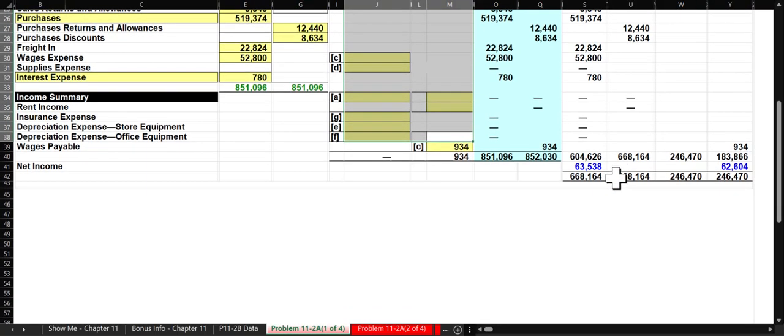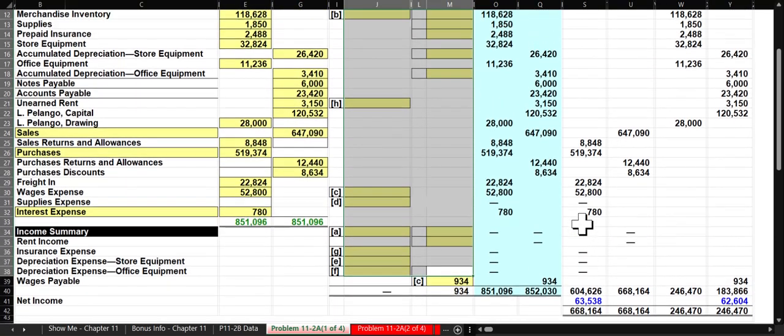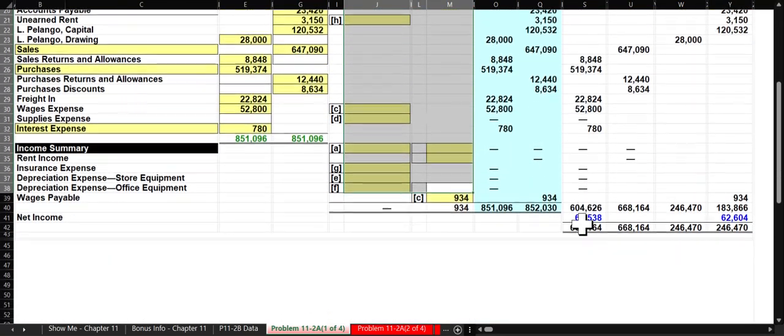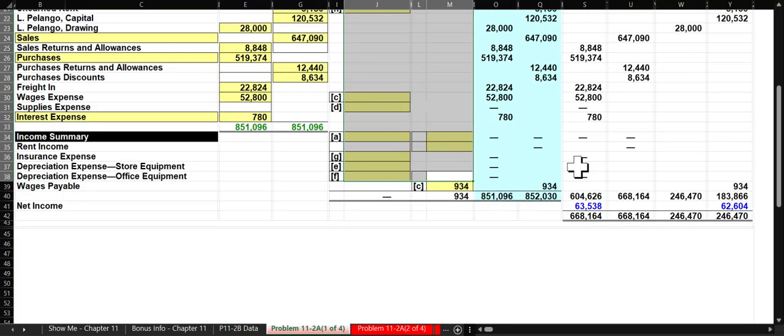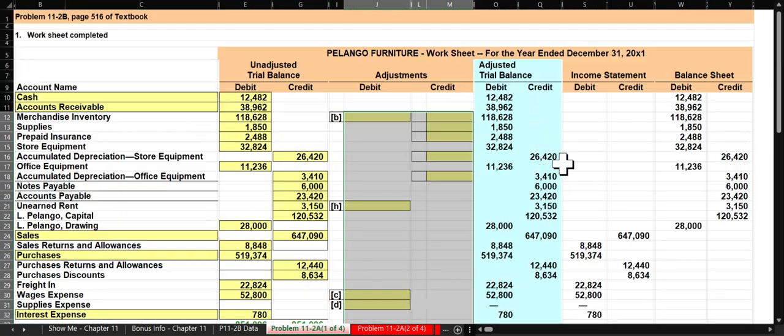So notice that before any adjustments are made, this firm is showing a net income of 63,538. And what we do know is that that amount will change after the adjustments have been made. It could go up or it could go down. But the bottom line is this is not the correct net income for this particular period. And we know that because there are adjustments that have to be made.